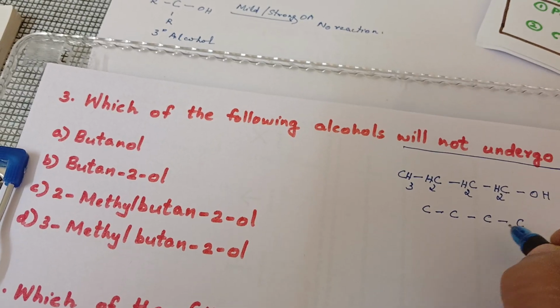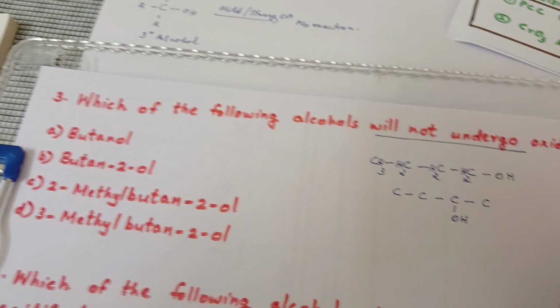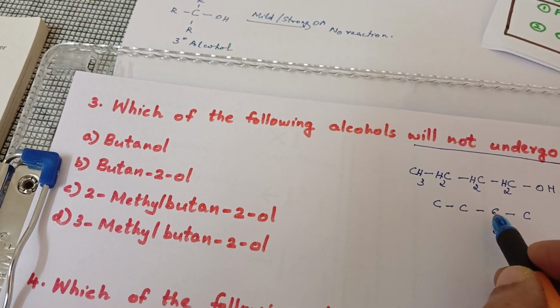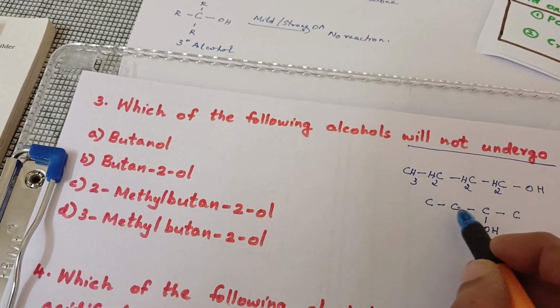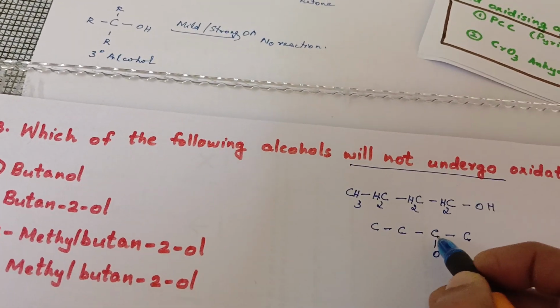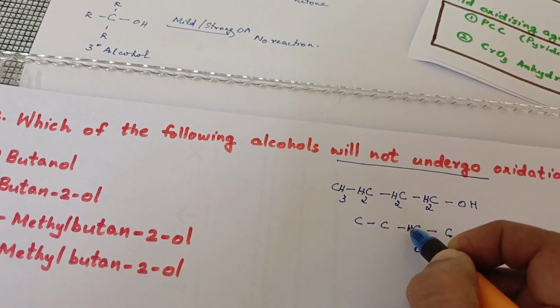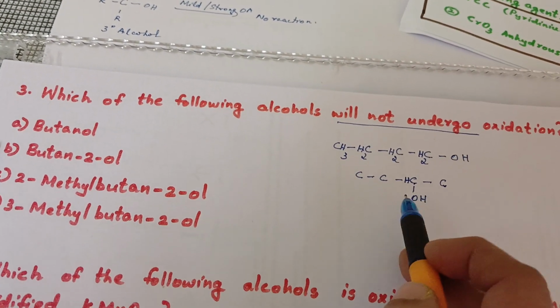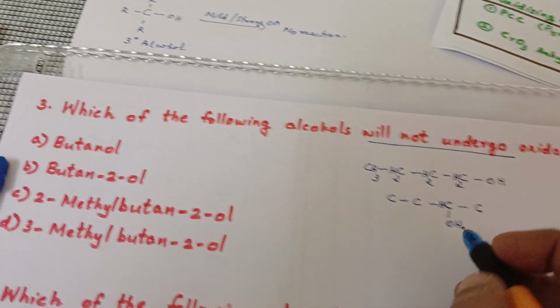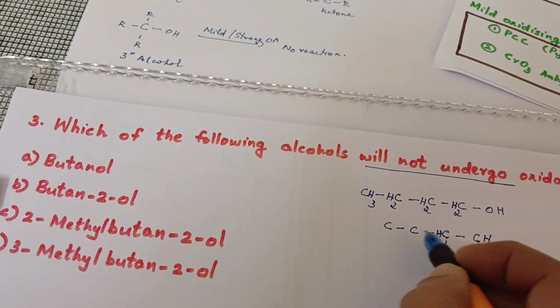On the second carbon, if you're numbering from here, this has the OH group on it. So this carbon is connected to 2 other carbons. So this carbon will have an alpha hydrogen on it. So this will also undergo oxidation. You have to fill up the other hydrogens on this carbon here.